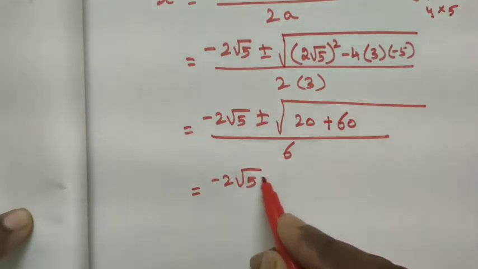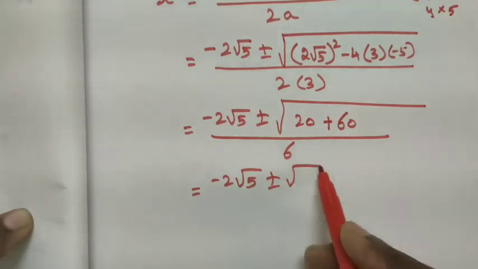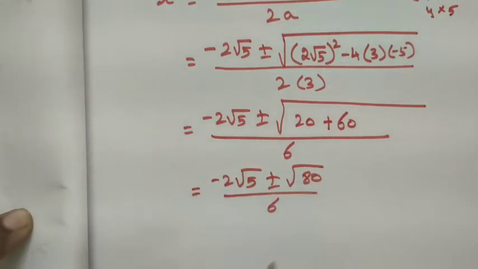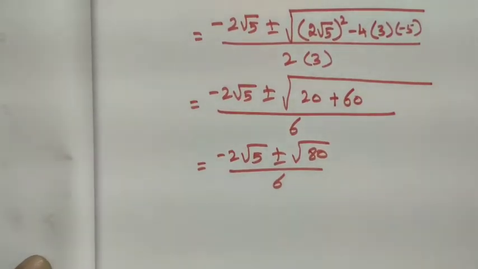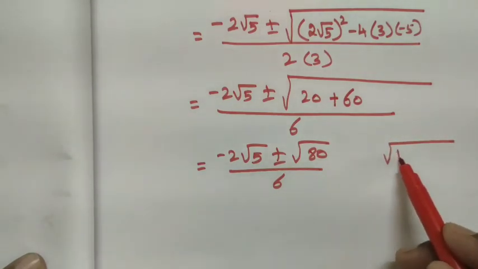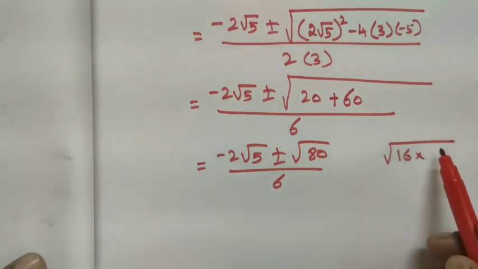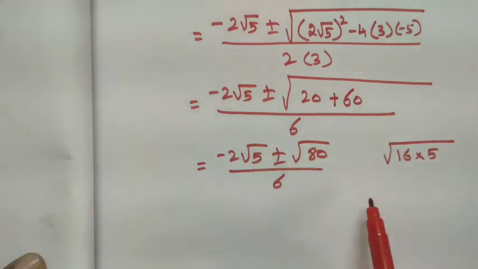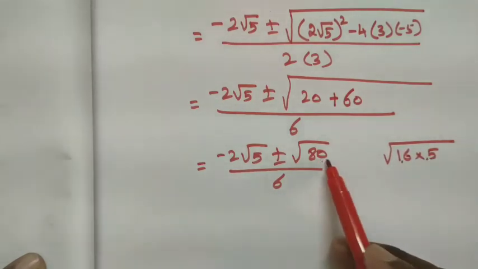minus 2 root 5 plus or minus root of the sum, 80, divided by 6. Now 80 can be factorized. How? 80 can be factorized as 16 into 5. 16 5s are 80.